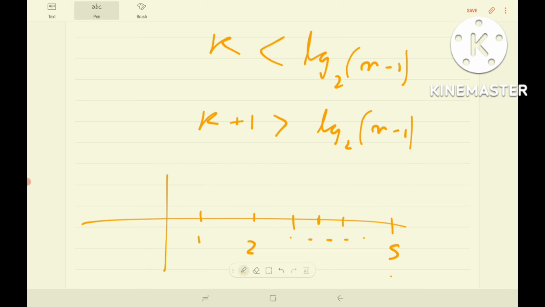Suppose here you have this number. So k should be less. K is an integer, mind that. To be frank, a whole number. K should be less than this quantity. So this can be k, which means k plus 1 has to be this.